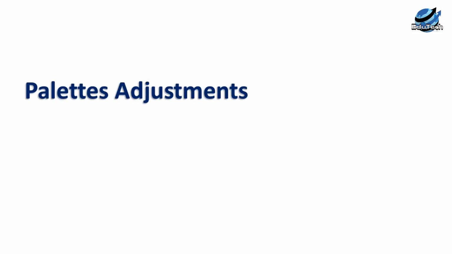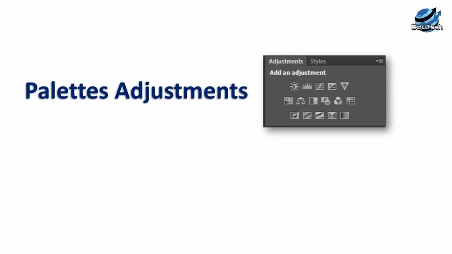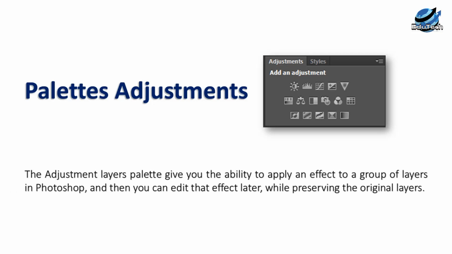Palettes, adjustment. The Adjustment Layers palette gives you the ability to apply an effect to a group of layers in Photoshop, and then you can edit that effect later, while preserving the original layers.